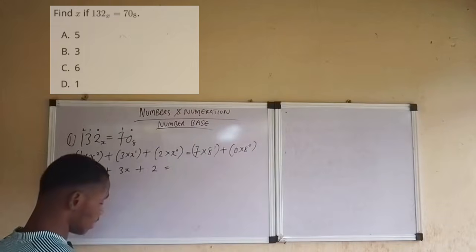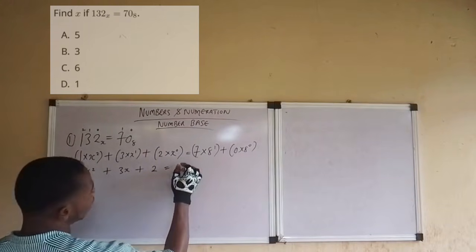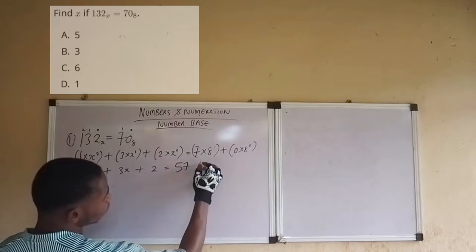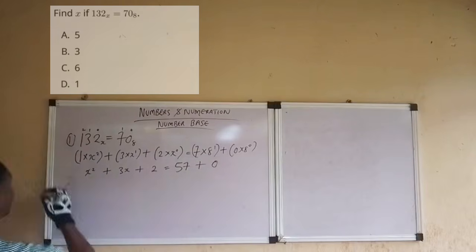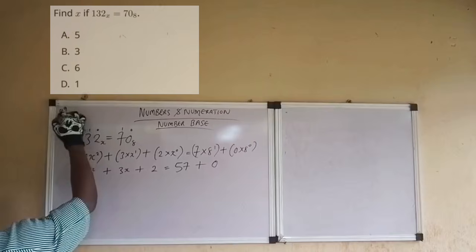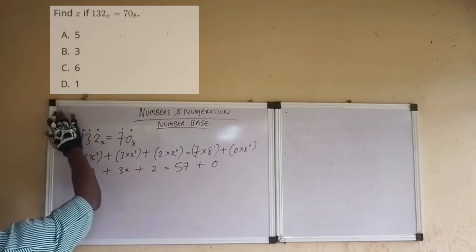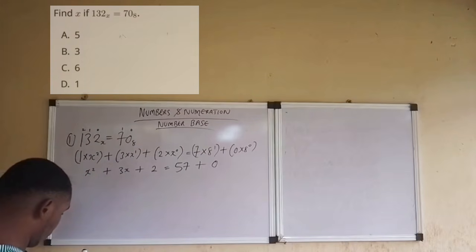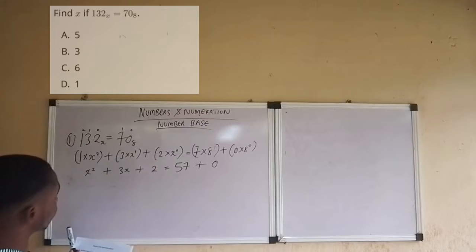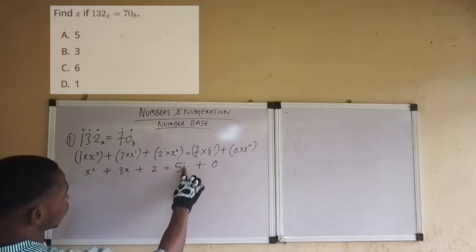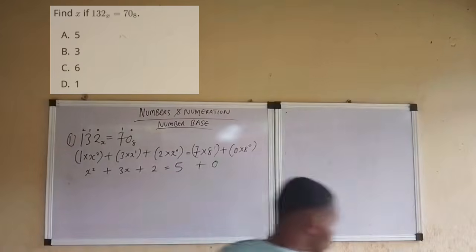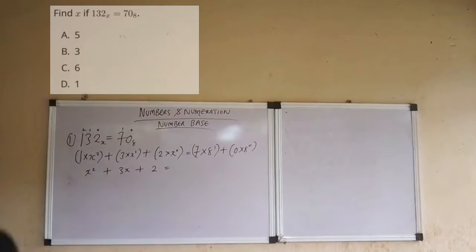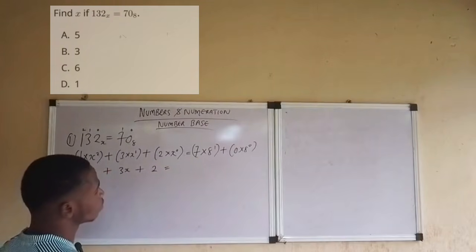And here we're left with what? 7 times 8. Okay? So 7 times 8 is going to give us 56.